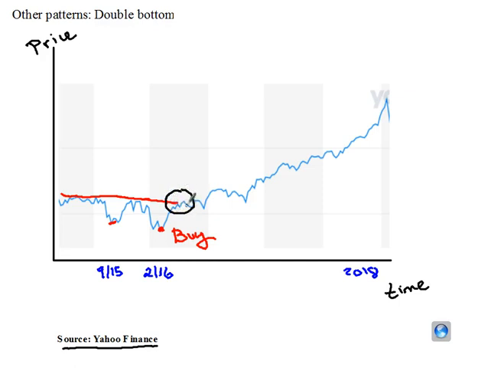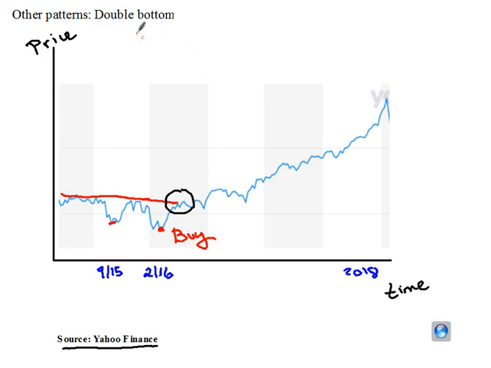You would wait until you pierce the upper trend line, and then you would make the purchase. Others would argue, no, you buy on the second bottom, because of course then you'll make more money. You're buying down here at a lower price and rallying to a new all-time record high. So again, double bottom: the market goes down, hits a bottom, rallies, but the rally stalls, comes back down, and hits another bottom. That's your buy, and then the market begins to rally.